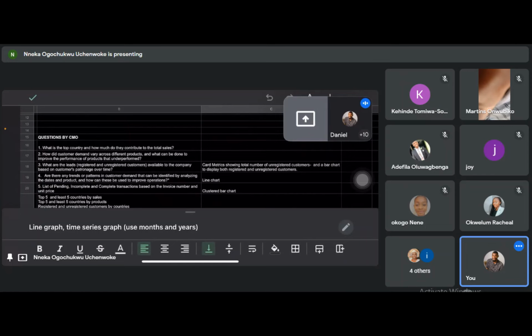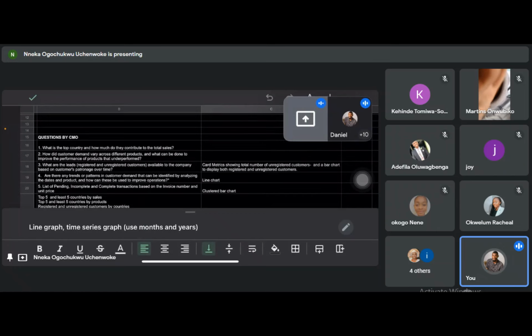Then the second one: how does customer demand vary across different products? Here might be an issue because remember we are not grouping these products. I would advise you to use a scatter plot here because you're just looking at the relationship between the increase in customers and the increase in sales, right?